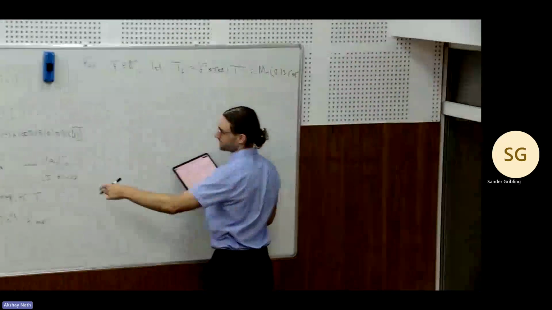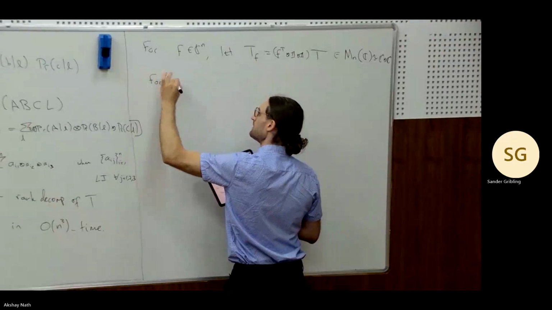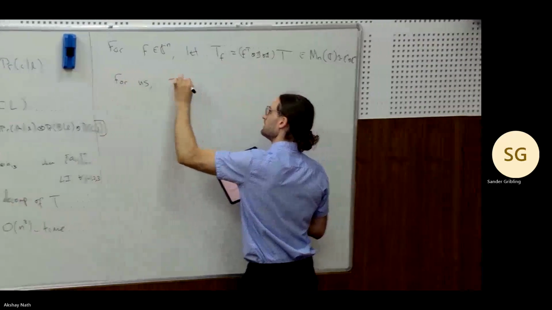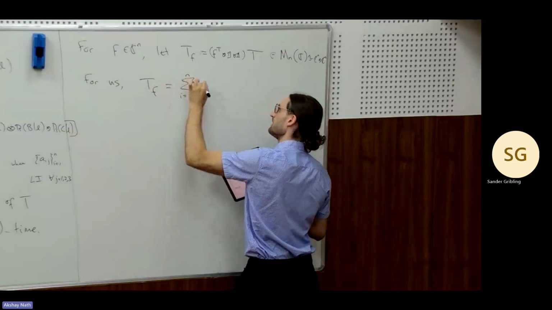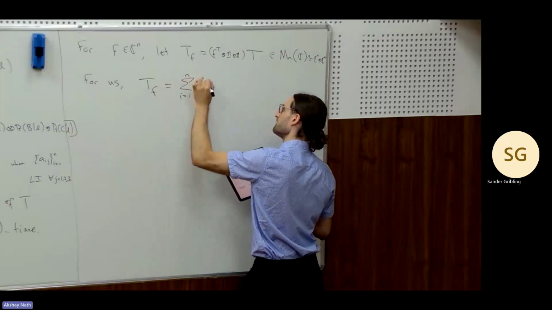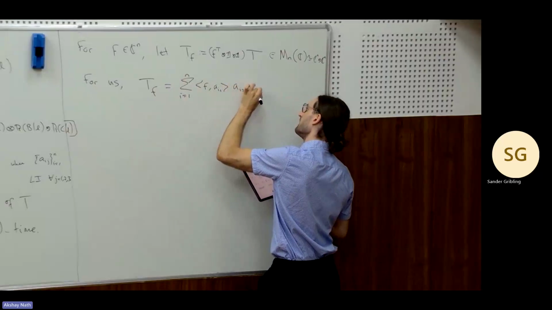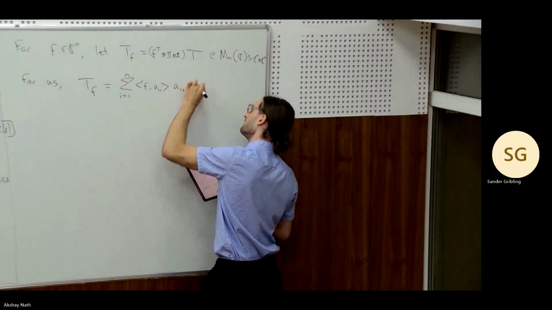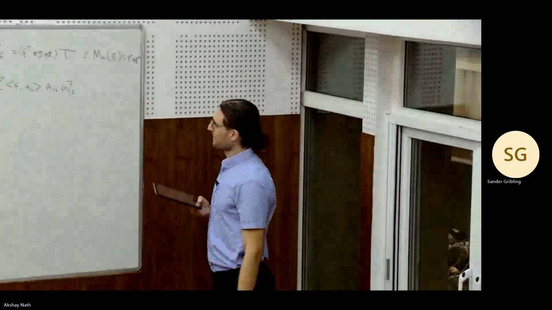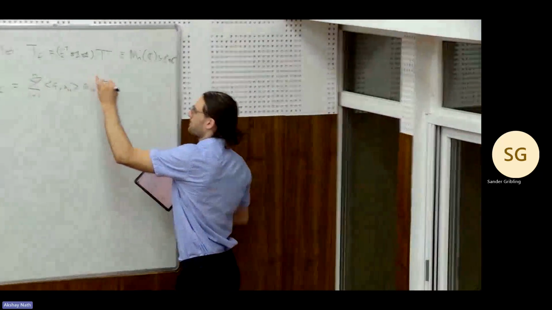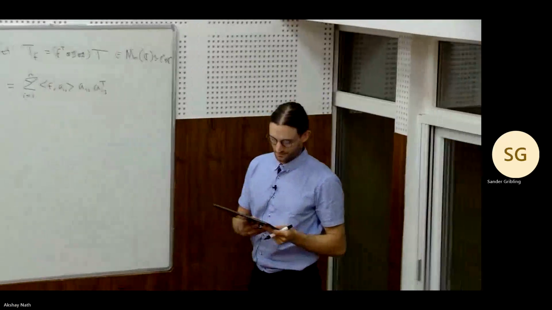For example, in this case, T_f is a sum, i equals 1 to n, of the inner product of f with a_i1, times a_i2 tensor a_i3. This is what you get, and this inner product is always just going to be the bilinear form.